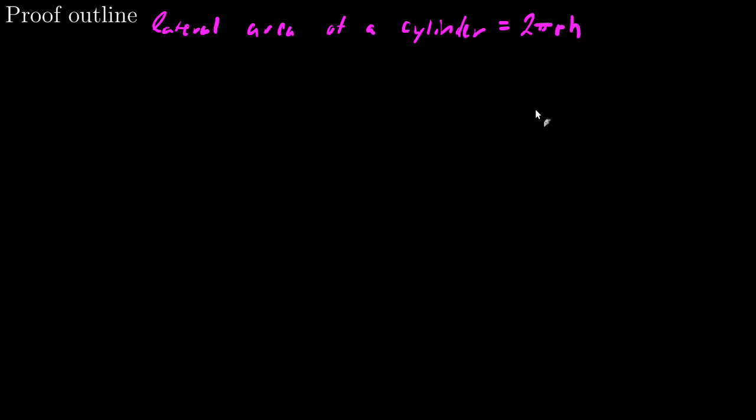And that might lead you to believe that the surface area is going to be some type of integral of 2 pi, where the radius is given by the function, and the infinitesimally small height is given by this differential. But there's a problem here.